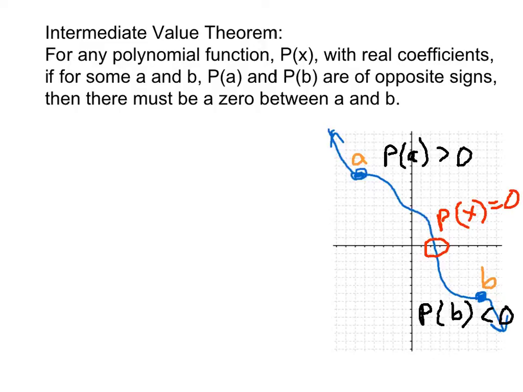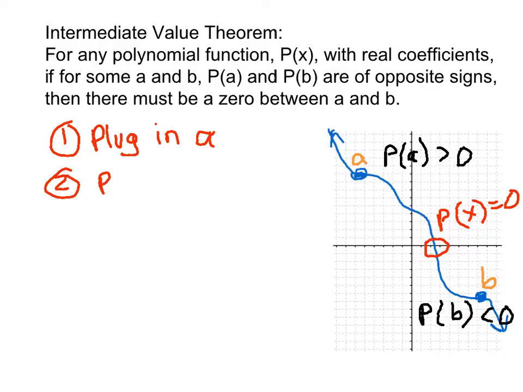So if you were asked to determine whether or not a 0 exists between two particular values for a function, what you would have to do is first plug in A. So you're given two x values. You plug in the first, so we'll call that A. Then you'll plug in B. Plug in your other value.